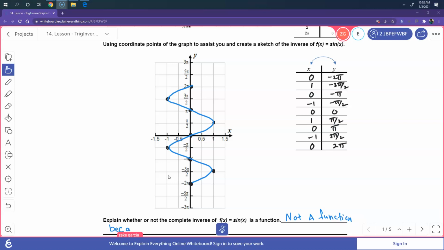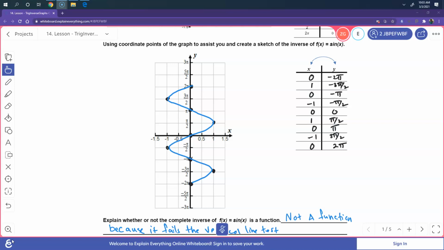because it fails the vertical line test. Remember that the vertical line test shows whether the relation is a function or not.